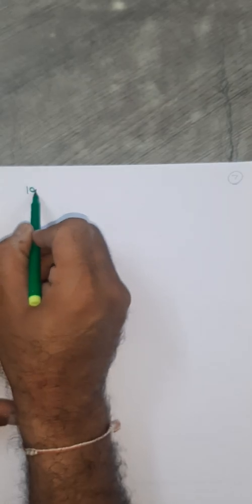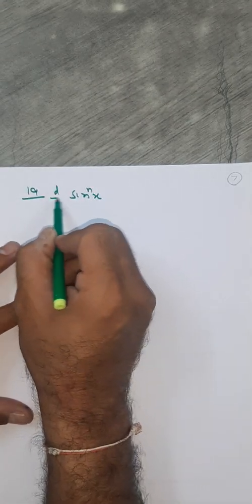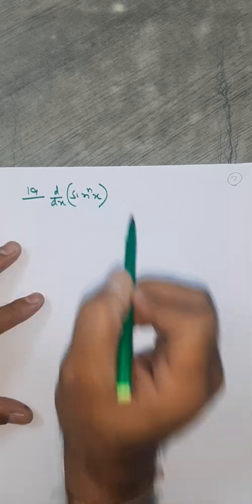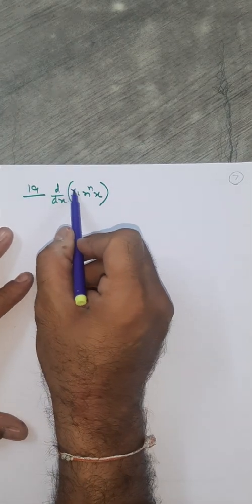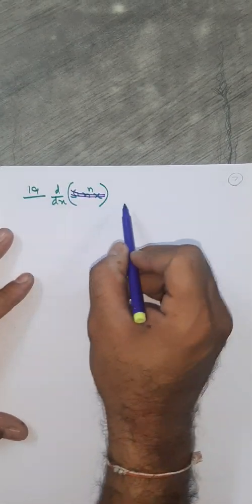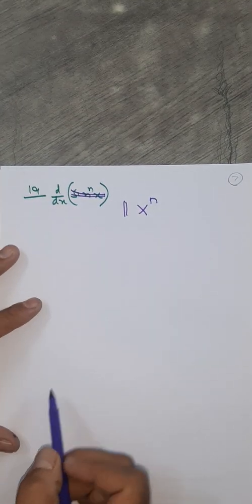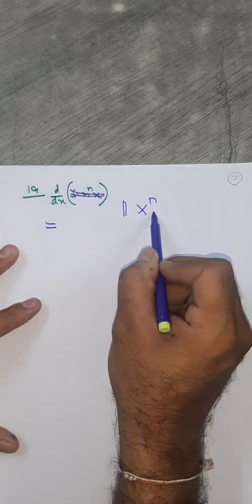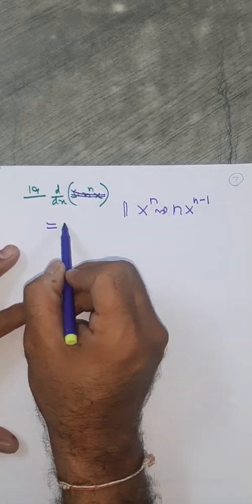In question number 19, you are given sine raised to n. You want the derivative of this, right? Now we don't have any rule for sine raised to n. So what we do, I'll imagine this sine x as x, so it looks like x raised to n. What's the derivative of x raised to n? You know, n into x raised to n minus 1.